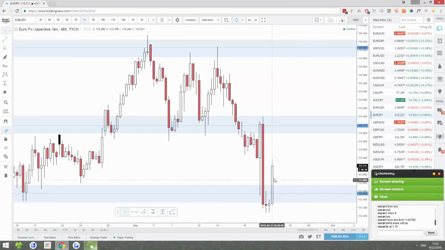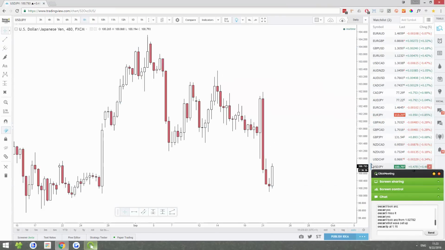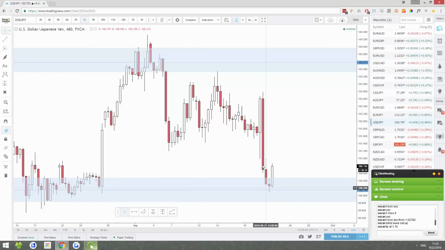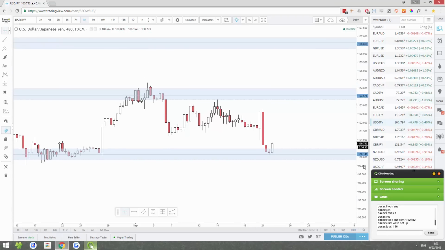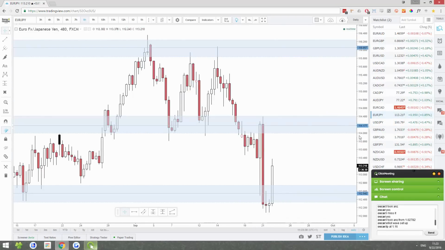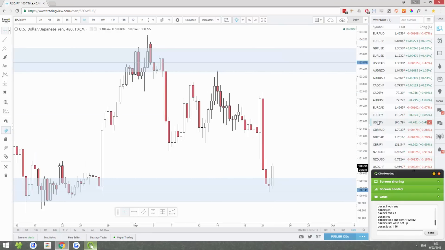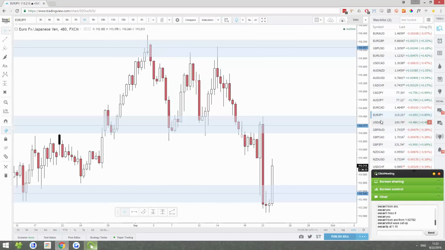Did anyone actually enter this Euro JPY or the USD JPY trade, which, let's move this up to here, is pretty much a very, very similar, all the same setup. Did anyone enter either of these?